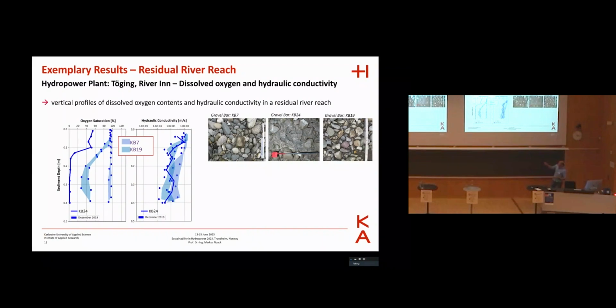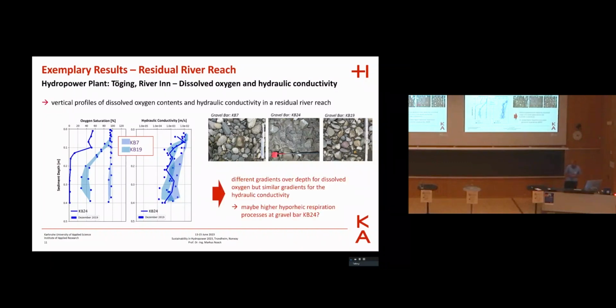I think it's not possible to see it. So it's an oxygen profile with the lowest values, which makes more or less sense if you look at the picture here. But most interestingly, we see that for the gravel bars, we get quite different profiles for the oxygen saturation. The hydraulic conductivities also show some differences, but not in the same order of magnitude.